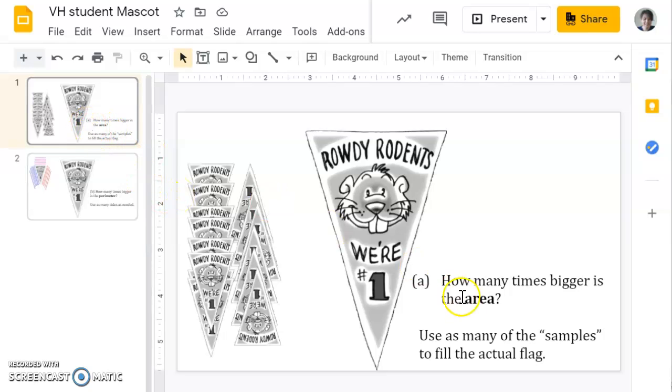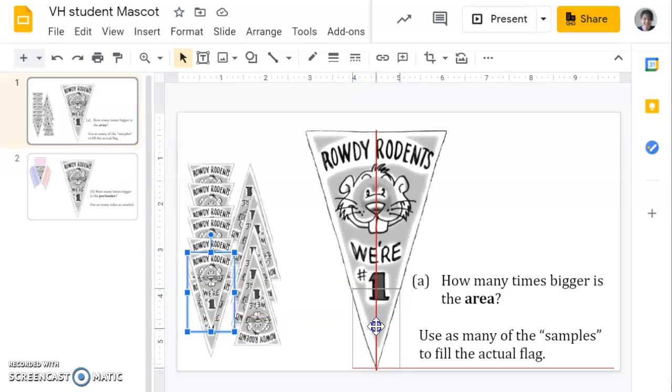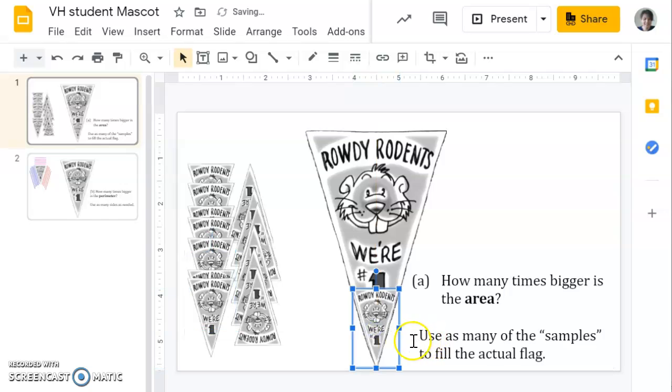The first card says, how many times bigger is the area? Use as many of the sample as needed to fill the actual flag. So here are the sample sizes, and you're going to move those one by one. There is one moved there, and we need to fill it up.